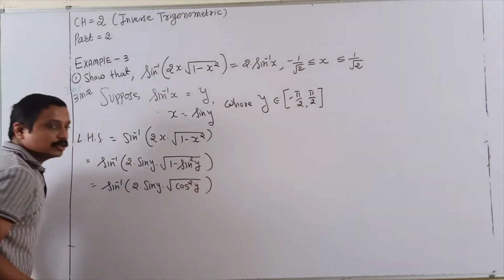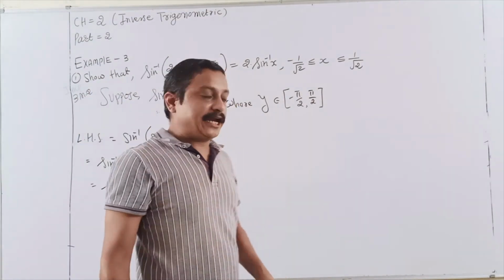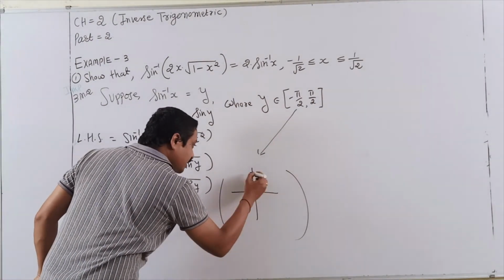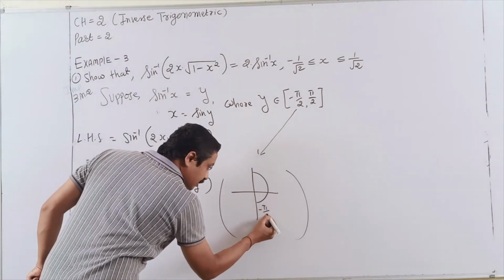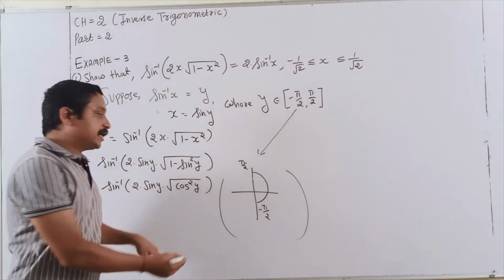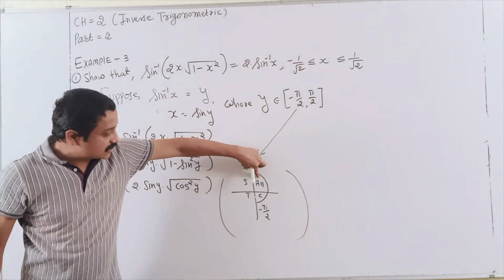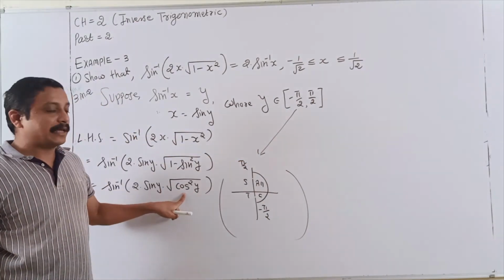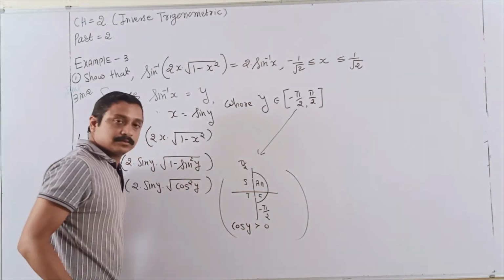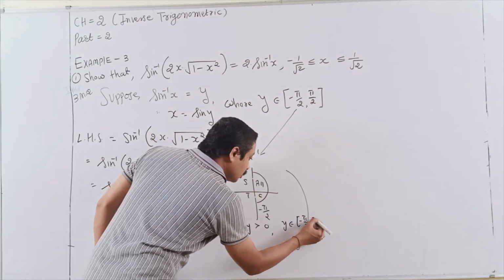Now students, you know the square root of cos square y may be positive or negative, but we have a condition. The range for y is minus 90 to 90. In minus 90 to 90, we are in quadrant first and quadrant fourth, where the cos value is purely positive, cos y greater than 0, because y belongs to minus 90 to 90.